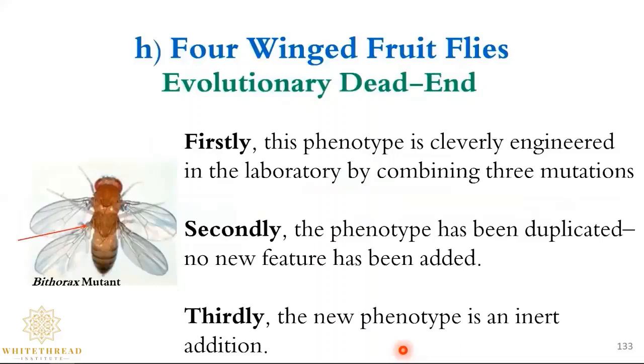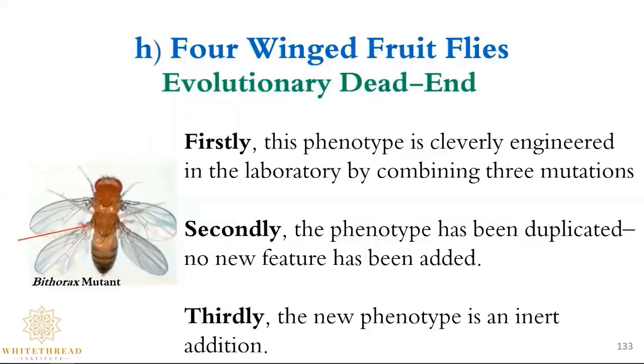Well, several things to notice here. Firstly, this phenotype is cleverly designed and engineered in the laboratory by combining 3 mutations. So what we actually have is an artificial product of a genetic lab that is designed and not a natural product. For Darwinian evolution, the product needs to be natural.